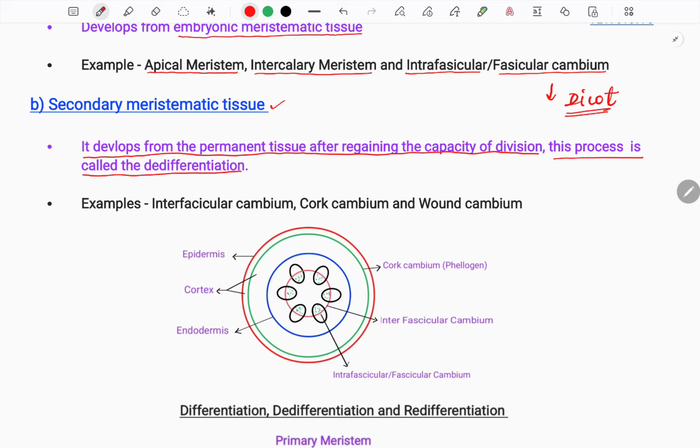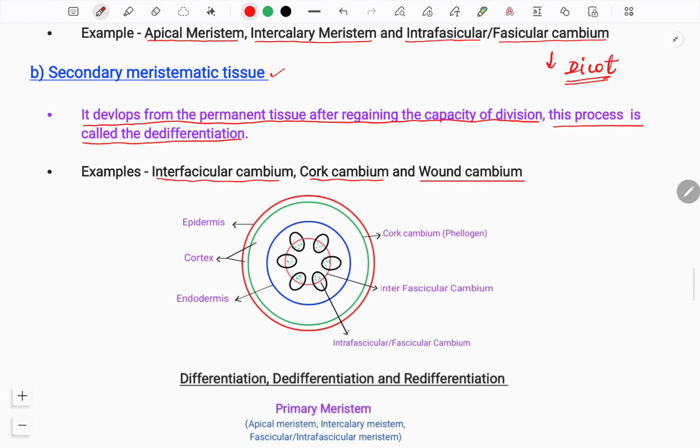But on the requirement of the plant body, some cells again re-enter the cell cycle after de-differentiation and they become meristematic. Examples are interfascicular cambium, cork cambium and the wound meristem.